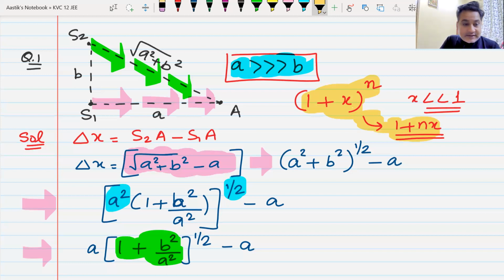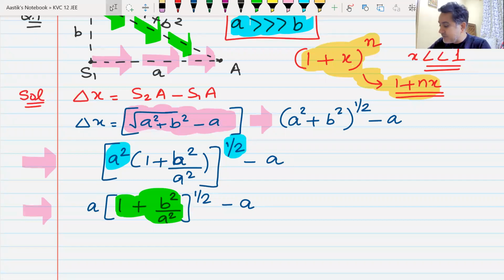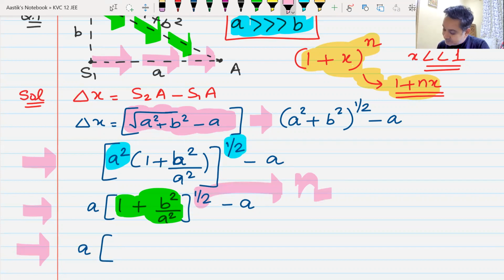If you understand this, then we can move on to the next step. Remember, what I'm doing is not physics. This is purely maths, and maths sometimes may get into more steps. So now what will I have? I will have a, and I will put this expansion here. This half is actually your n. So I will write 1 plus n, which is half, times b square by a square, minus a.